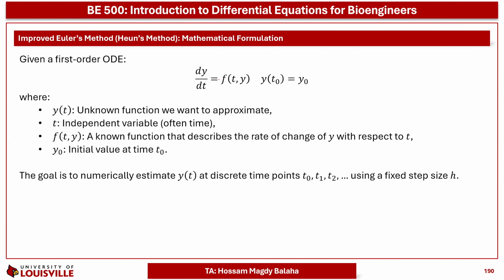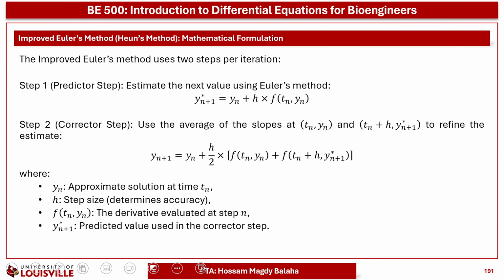Again, we have dy/dt equals a function that describes the rate of change of y with respect to t, and our goal again is to numerically estimate the function y(t) at different discrete time points t0 until we reach t(n-1) with a fixed step size h. In the improved Euler method, we will use two steps per iteration.